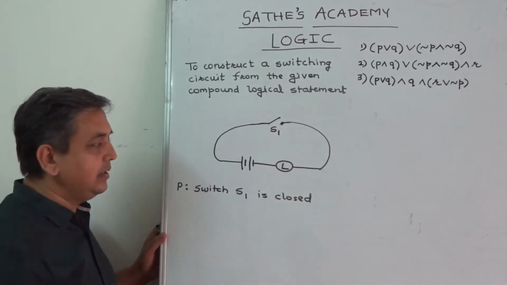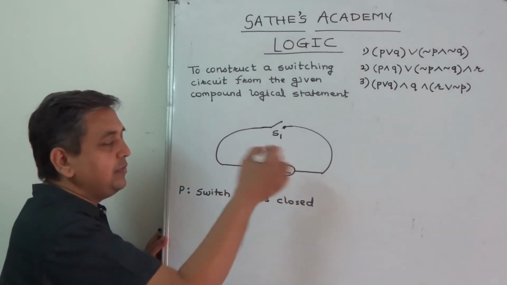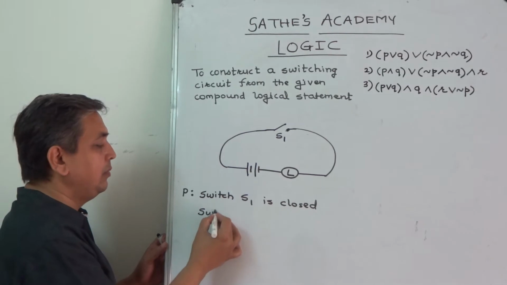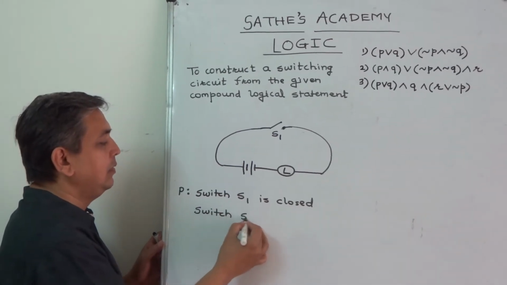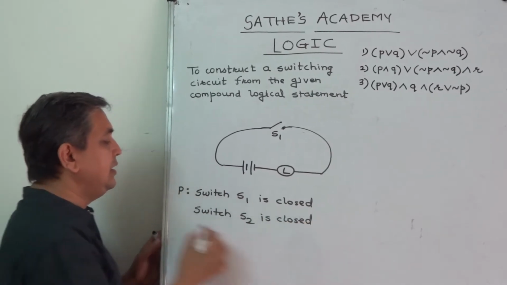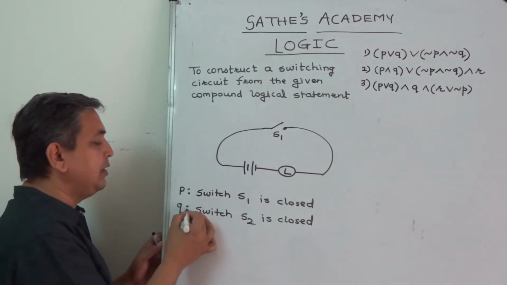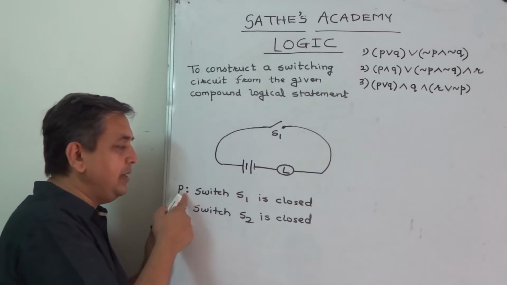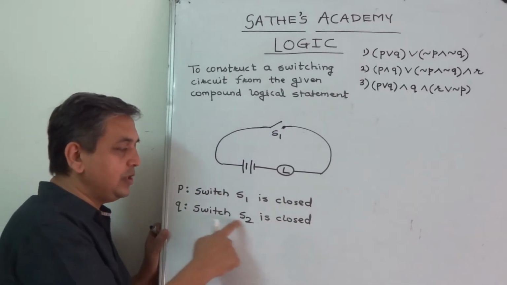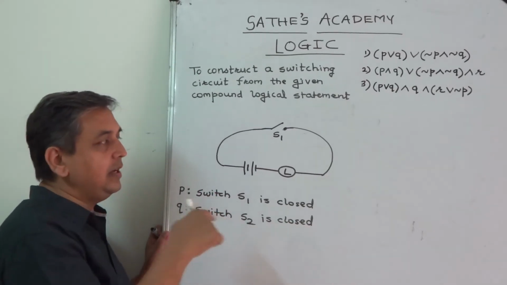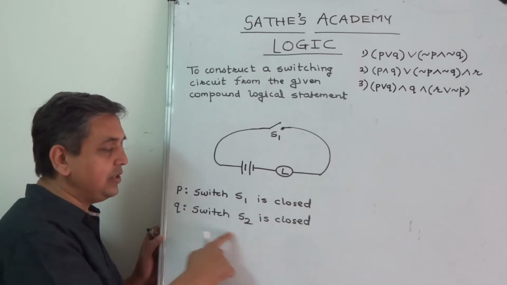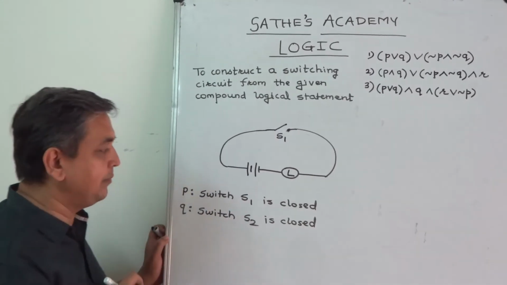Now if there is another switch in the same circuit, the switch S2 is closed, and this we denote by another statement Q. So statement P, switch S1 is closed. Statement Q, switch S2 is closed. If there is another switch S3, we will write R, switch S3 is closed, and so on.